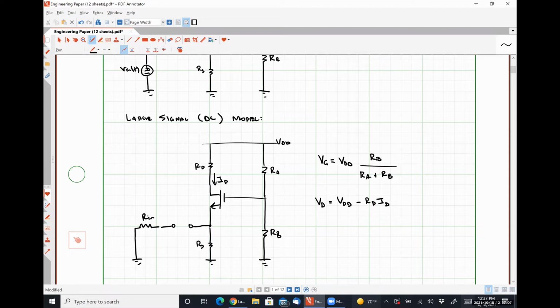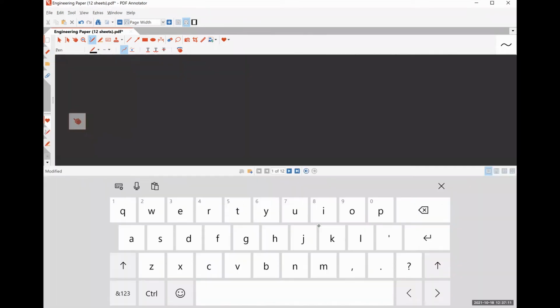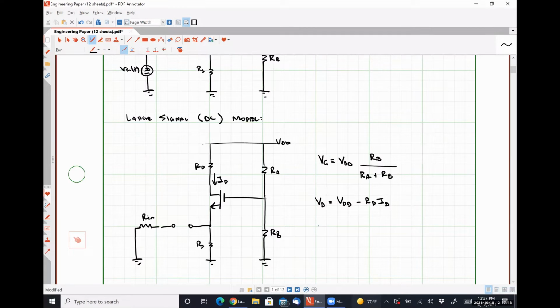And our source voltage, VS, is equal to ID times RS.